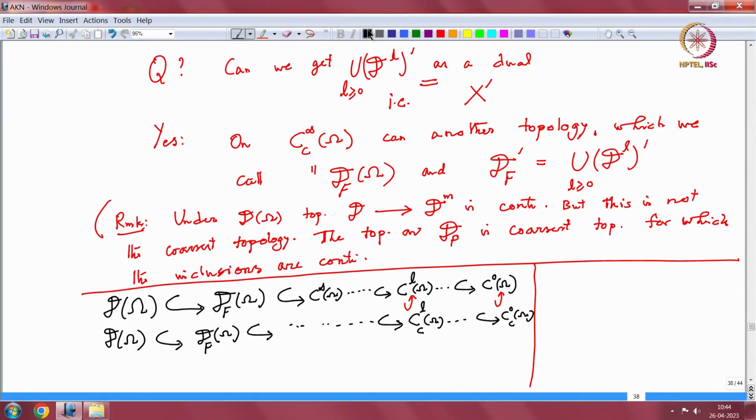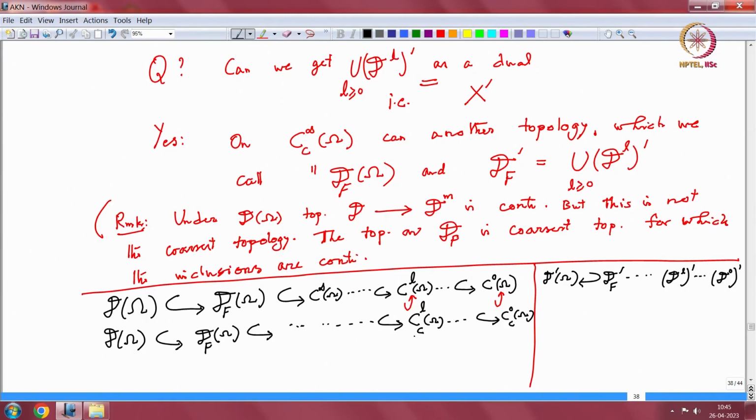And you can also write its dual now. If you take the dual, what do you get? The corresponding dual, you have your D prime. Now it is reversed, right? So, this is the largest set, D_F prime, and you will have D_L prime, and if you go here, you will have D_0 prime. This is nothing but your measures.